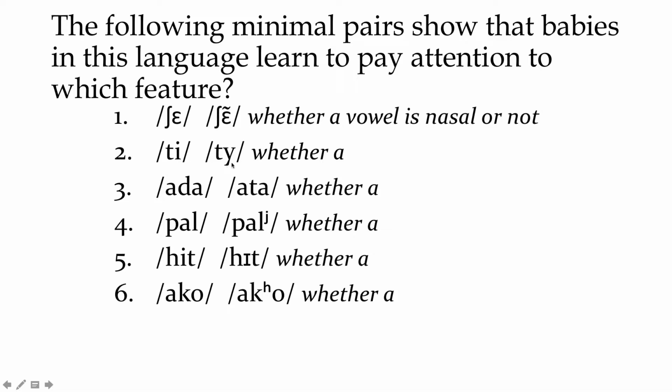Yes, I and U are both high, both front vowels. The only difference is this is unrounded and this is rounded. So maybe you can pause the video and see if you can guess what are the other phonetic features that a baby would have to grow up paying attention to in these languages in order for these to be actual minimal pairs.